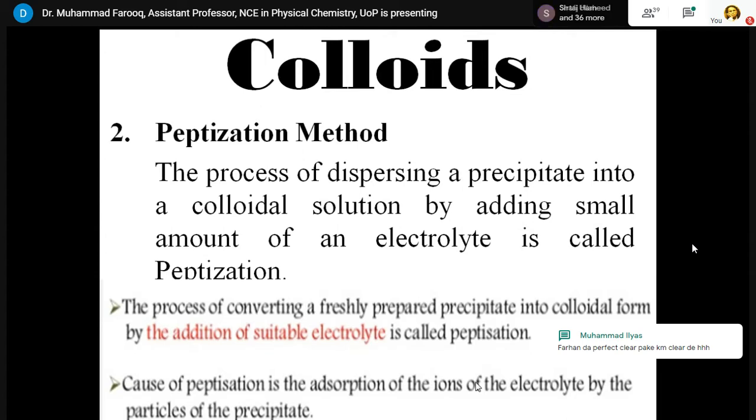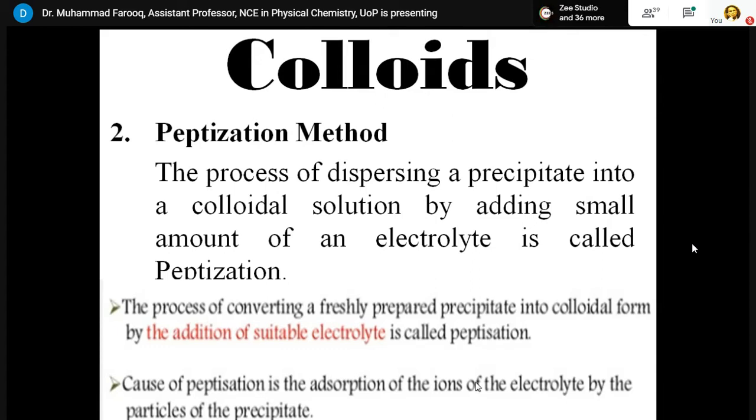So this is the process of converting a freshly prepared precipitate into colloidal form by addition of a suitable electrolyte, called peptization. You can define it this way also. The cause of peptization is the absorption of the ions of the electrolyte by the particles of the precipitate.